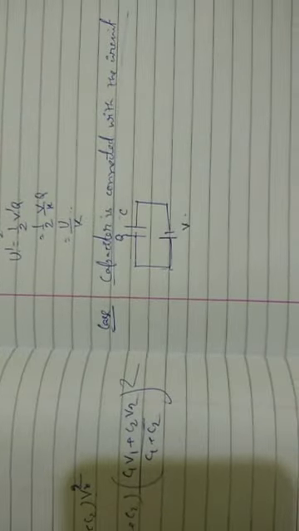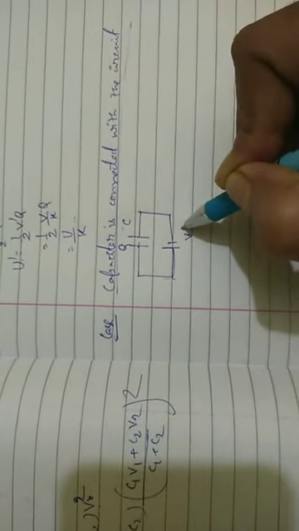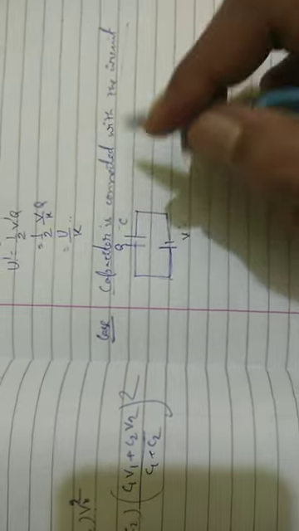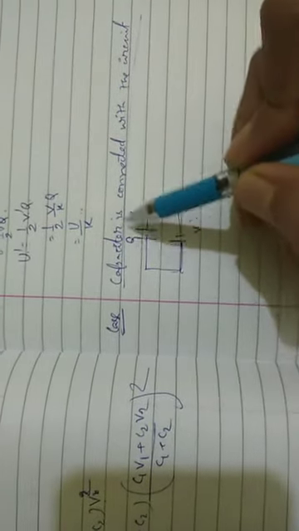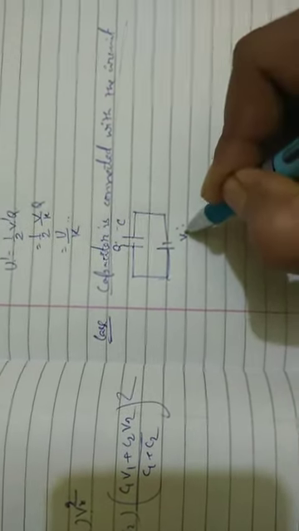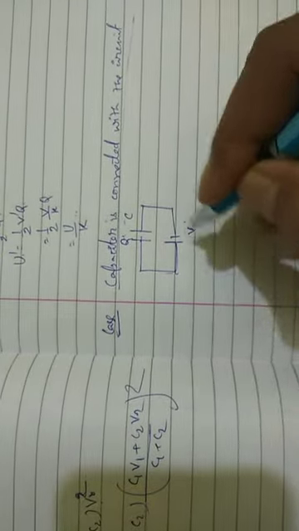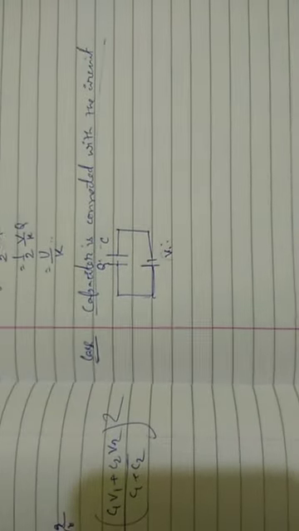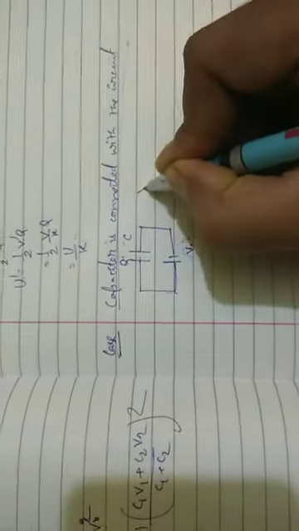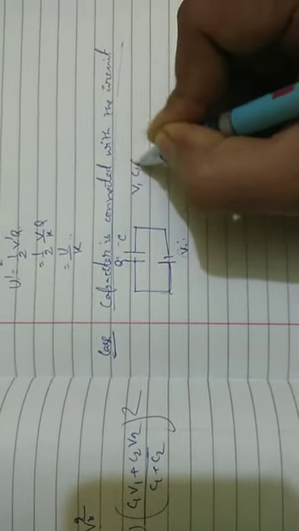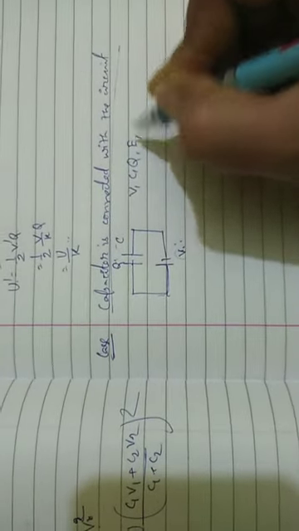So when it is connected with the battery, the potential difference V will always remain the same. When it is disconnected, the charge remains same. So I can say the initial parameters are V, C, Q, electric field say E, and the energy stored is U.